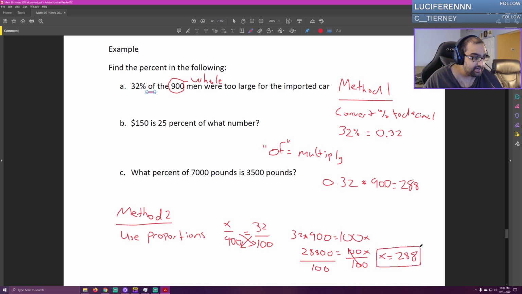So you can see this second method nets us the same exact result as we got in the first method. So you can use either converting it into a decimal and then using the proper language to solve for your missing part, or you can use the second method and use proportions to solve for your missing variable as well. Both methods are just fine, just go with the one that you're most comfortable with.